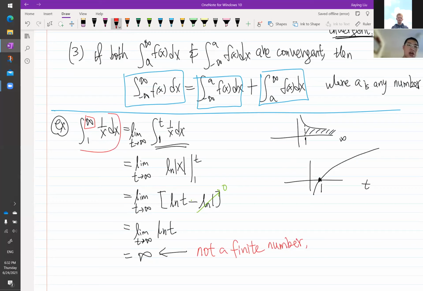So that means we cannot evaluate the integral. So the integral from 1 to infinity of 1 over x dx, this improper integral, is divergent. We cannot find the value for it. We cannot evaluate it.